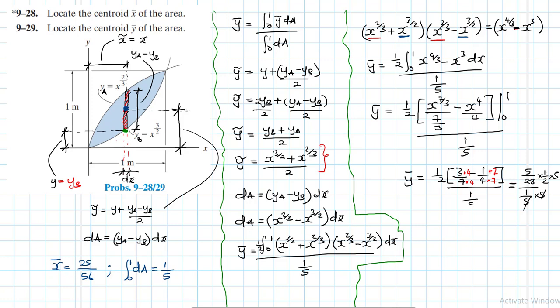And finally, the final solution, we have y bar equal to 25 divided by 28 times 2, which is 56. Right, so the summary of the solution, we have x bar equal to 25 divided by 56 meters, and y bar also equal to 25 divided by 56 meters.